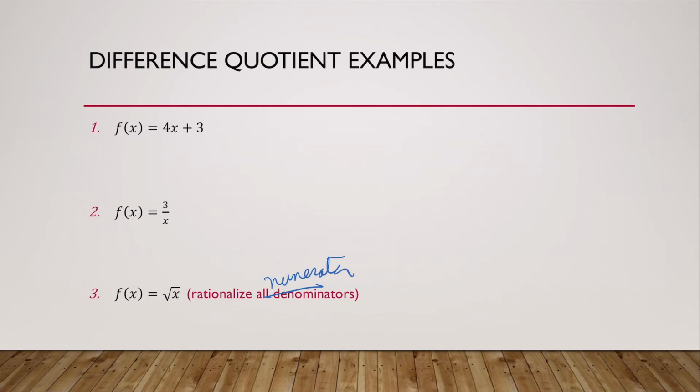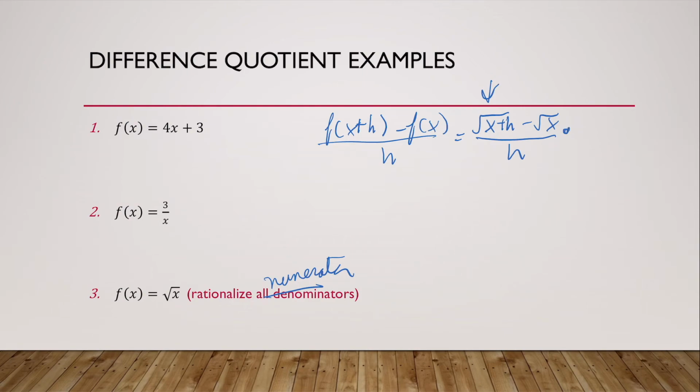All right, if I have f of x plus h minus f of x over h, that's the square root of x plus h minus the square root of x over h. And I can't simplify this any further. So now we're going to multiply by the conjugate of our numerator, which is just going to be, really, you just change the symbol.